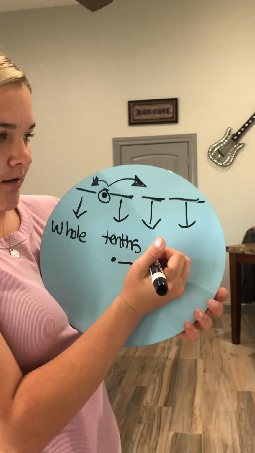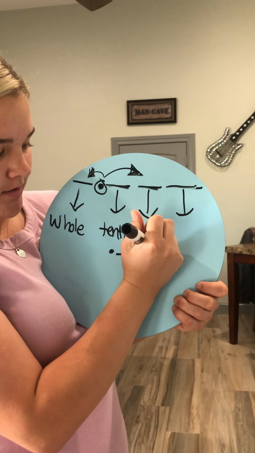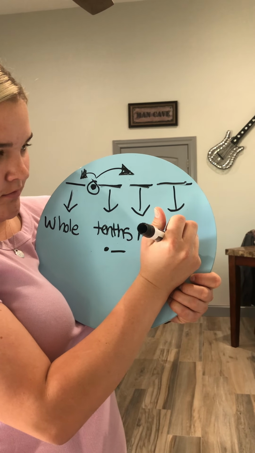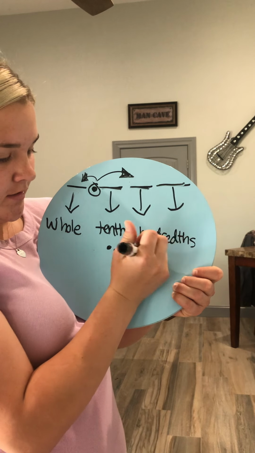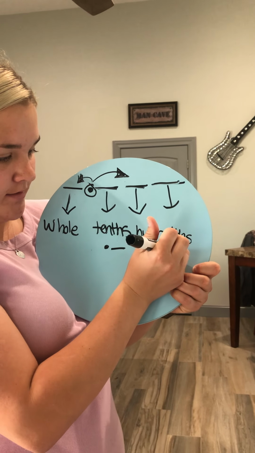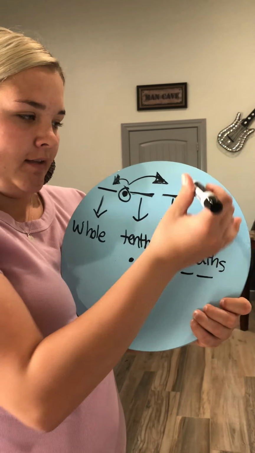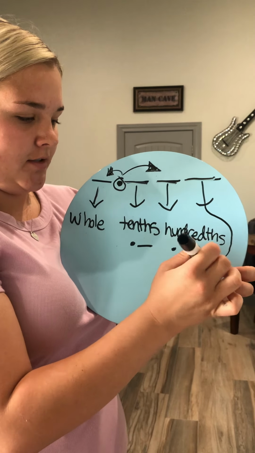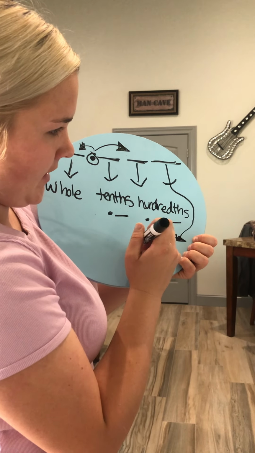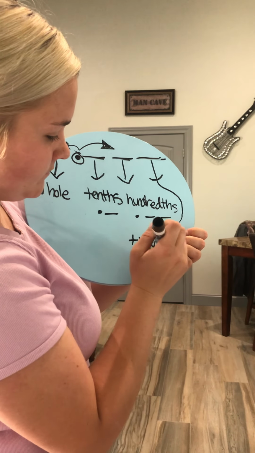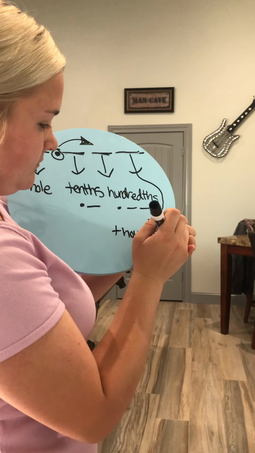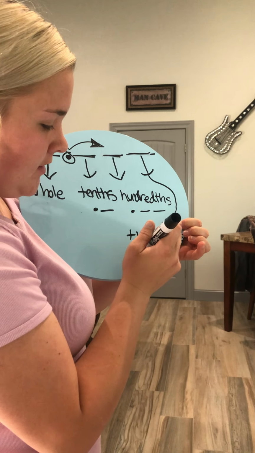This one right here is your hundredths place, which is dot, space, space. And this one right here, I'm going to take my arrow down here just because you can't really see, is your thousandths, which is dot, number, 3.